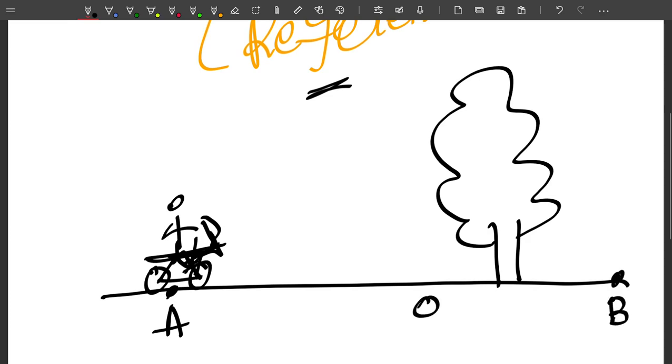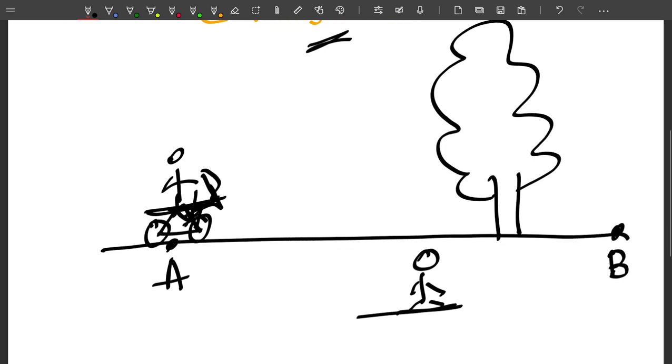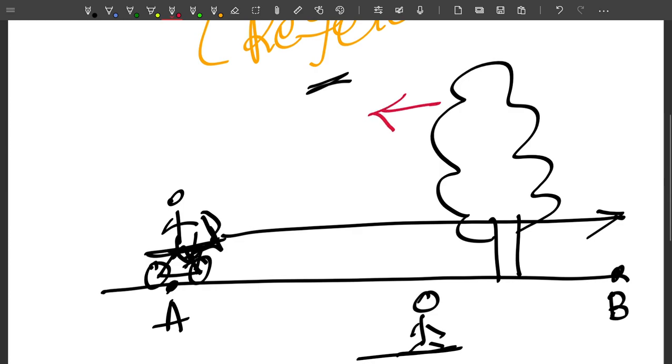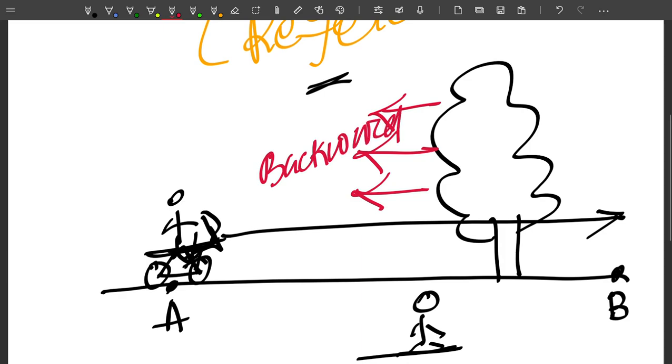There is another person, maybe your friend, standing on the road. When you cross this tree, it would seem that the tree is moving backwards. For you, the tree might seem to be moving backward.